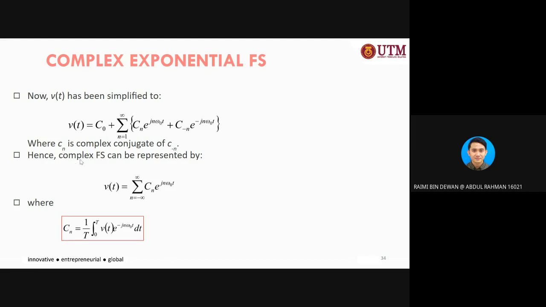Hence, the complex Fourier series can be represented by v(t) equals the summation from negative infinity to infinity. Now you can see we try to combine this to make it even simpler. That's why we have negative infinity and infinity. We now put the negative side in here. You can see, right? Now we have negative infinity.